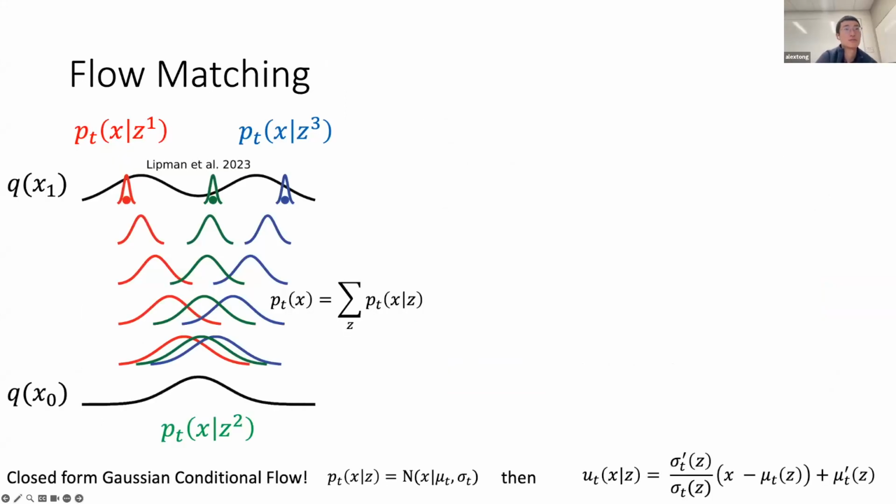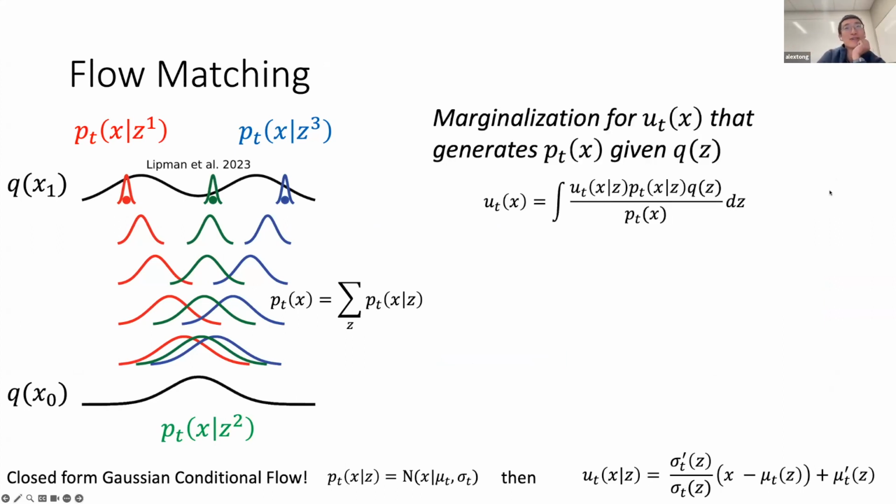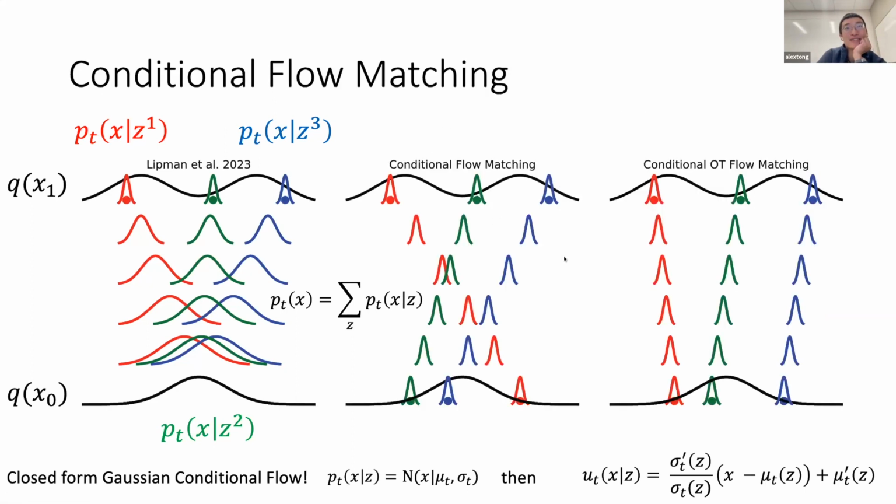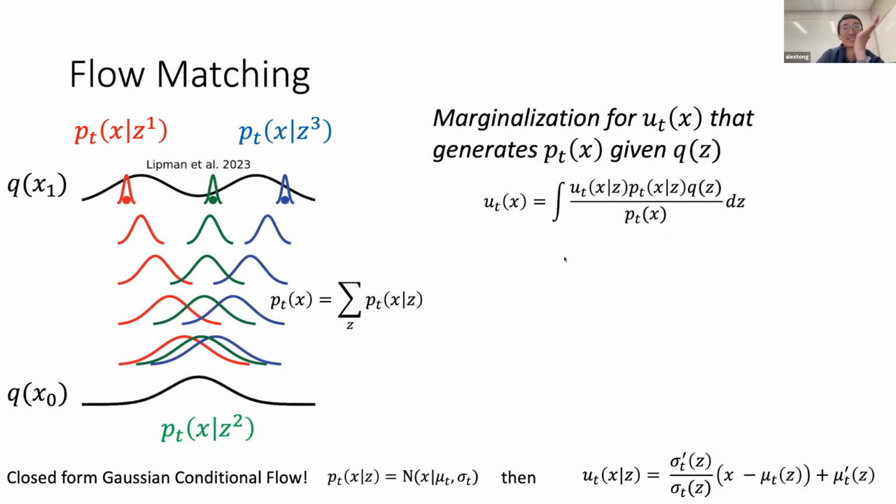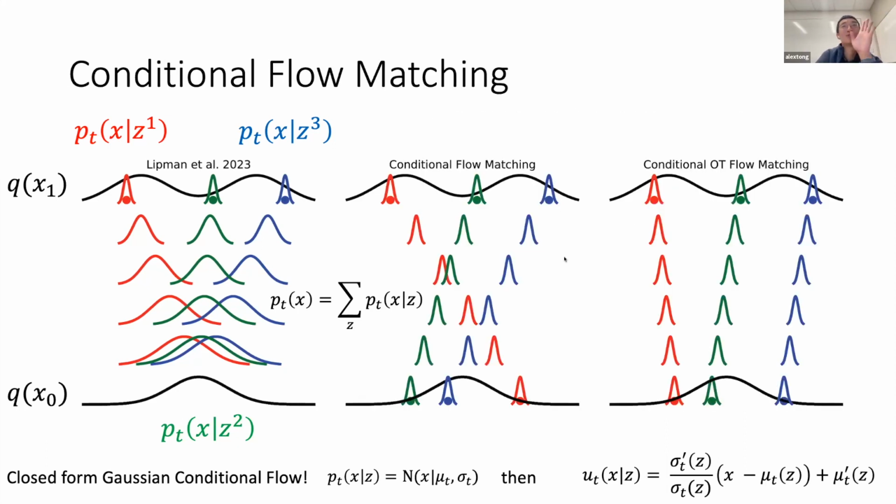So we were here. We have this nice closed form, and this marginalization that gives us the u_t, so this is great. We can use this and learn it, and now we can do other things.